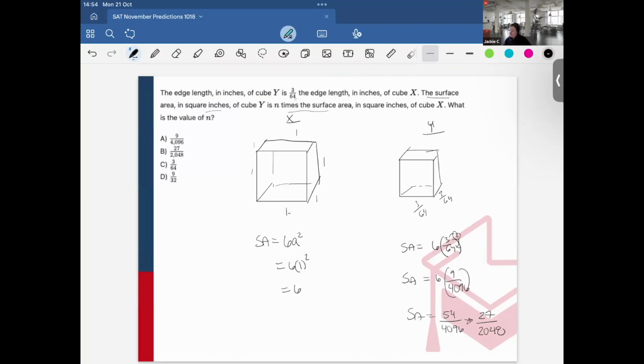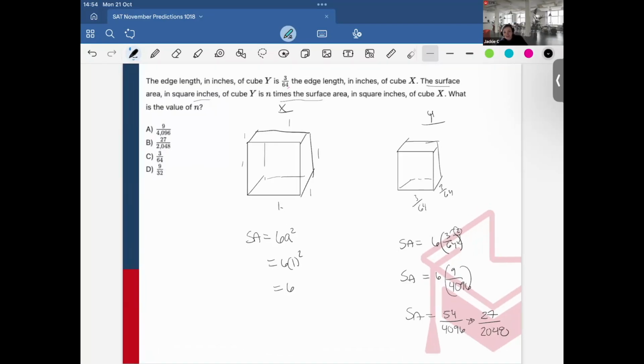Okay, so I can see that would be the surface area of cube y. And then I'm asked, it's n times the surface area of cube x. So now I can just set a ratio of the surface areas. So I can say the surface area of cube y to the surface area of cube x, which will be 27 over 2048 divided by 6.